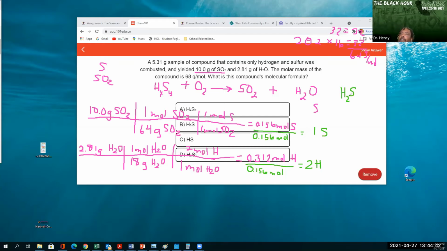Okay, so now we need to calculate the molecular formula. So what is the molar mass of H2S? It'll be 34, because we know that S is 32 plus 2 H's, and H is 1.